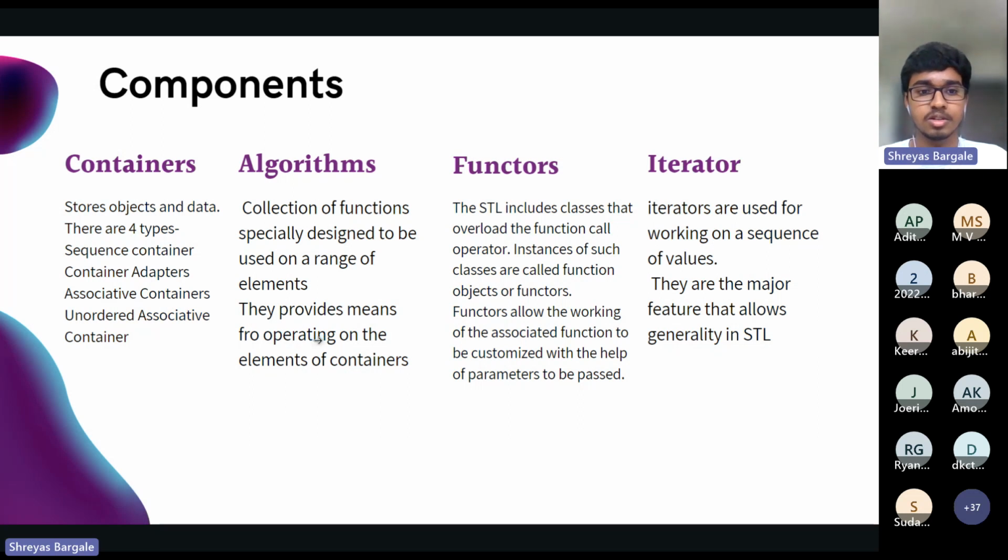These usually operate on the containers, and we can perform a lot of operations on them. Then there are functors. It's basically a function call operator, and it allows us to customize with parameters. Then there are iterators. Iterators are like a special kind of pointers to iterate through the containers or access various elements in them.